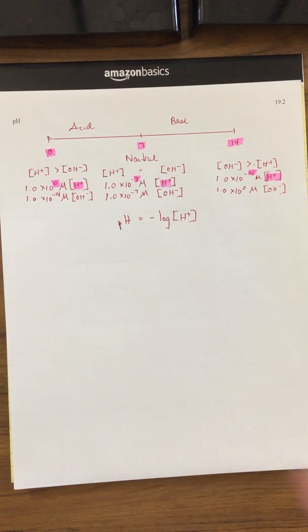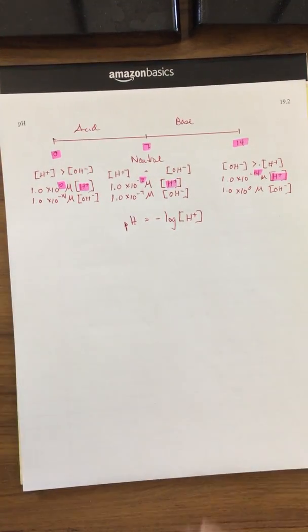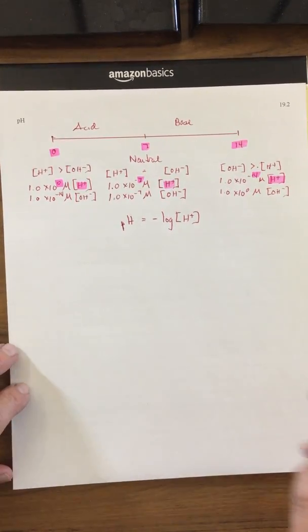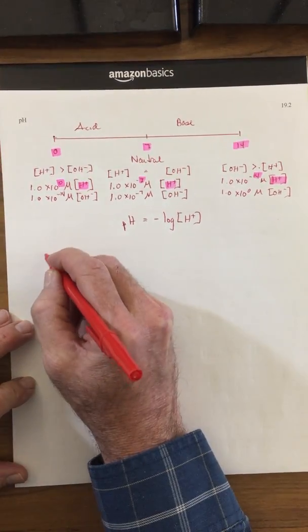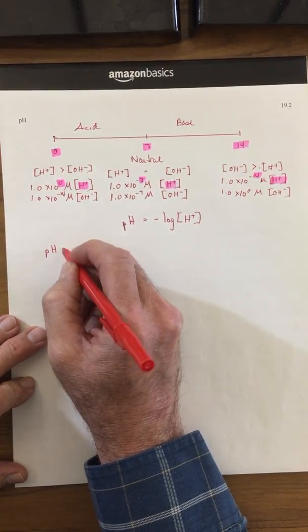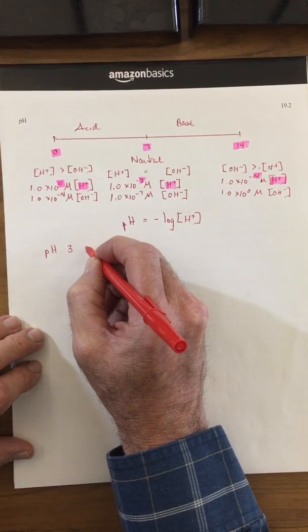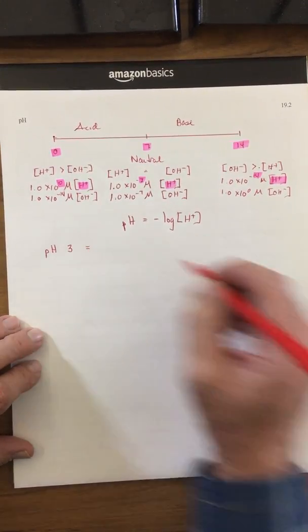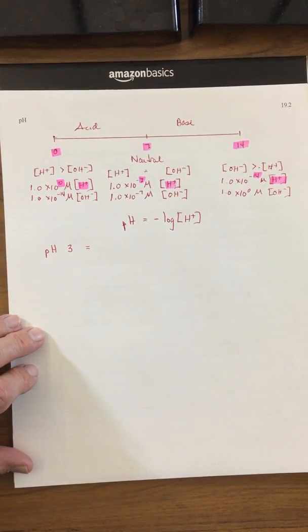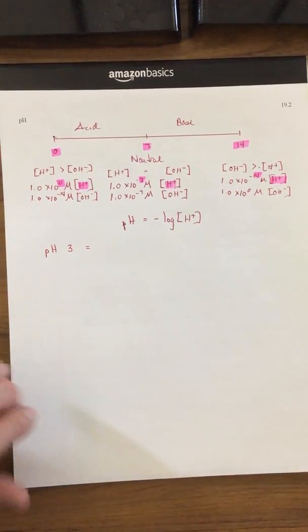Let's go over how to do this without the calculator, and hopefully you'll be able to see this by repetition and by pattern. So let's say you have a pH of 3. What's the molarity of this going to be?